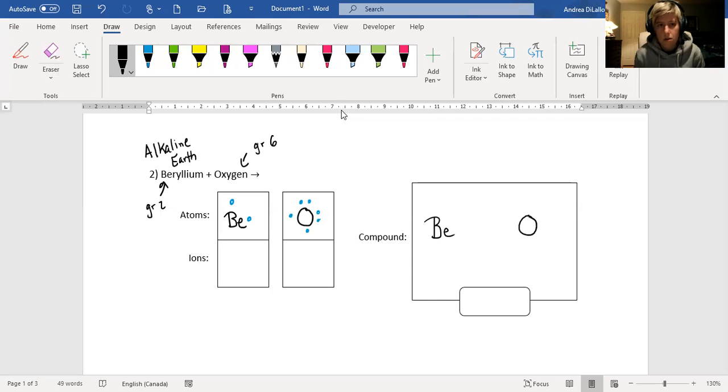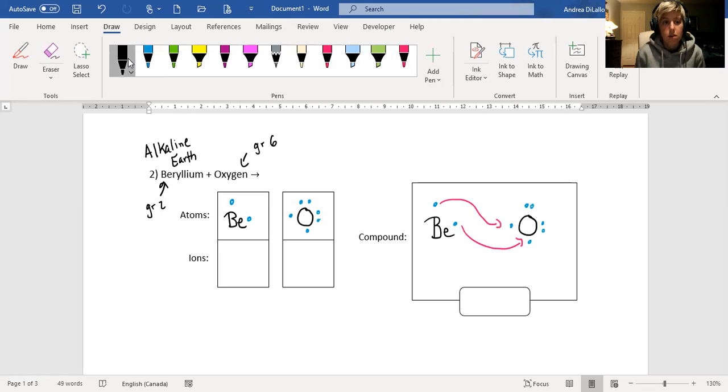So what happens is what we think is going to happen. The oxygen will take the 2 electrons that beryllium wants to give up.